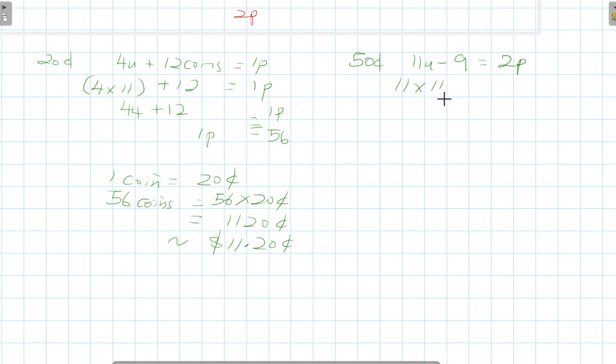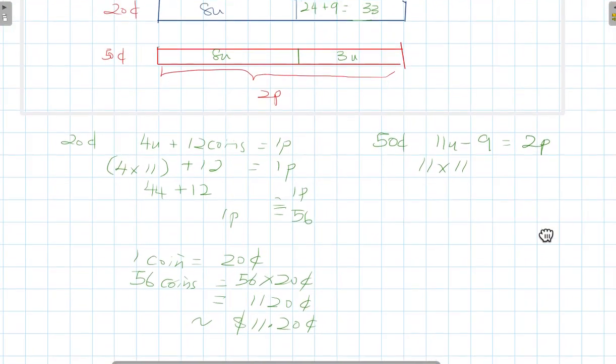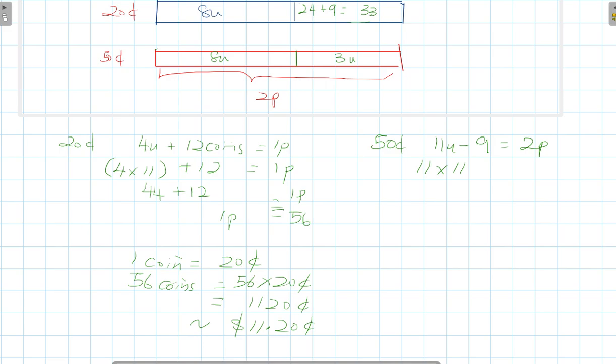Over here, 11 times 11, is it? Yeah, because 1 unit equals 11 coins. So 11 times 11, take away 9 is 2 parts. 11 times 11 is 121 minus 9.